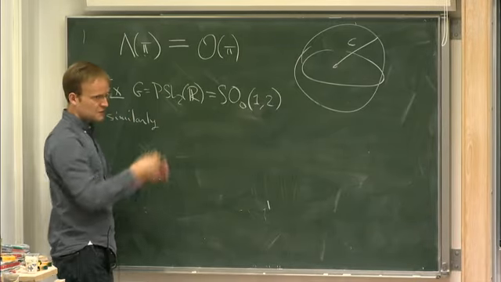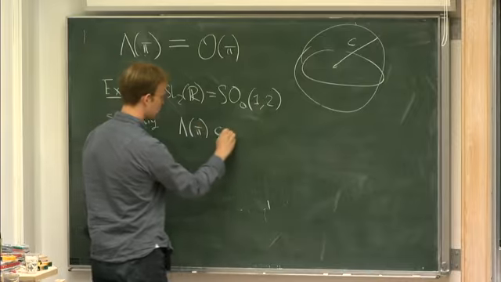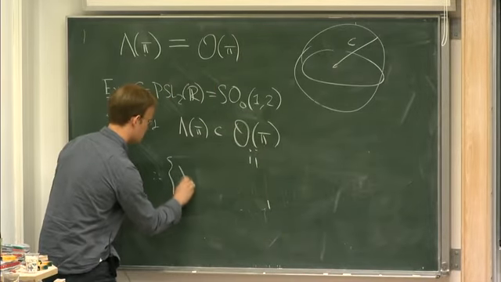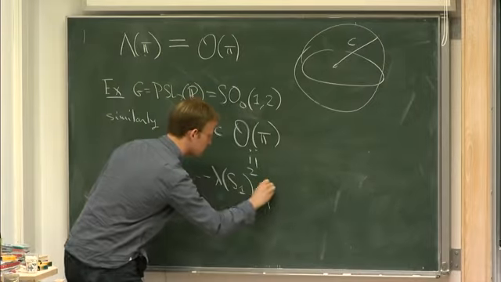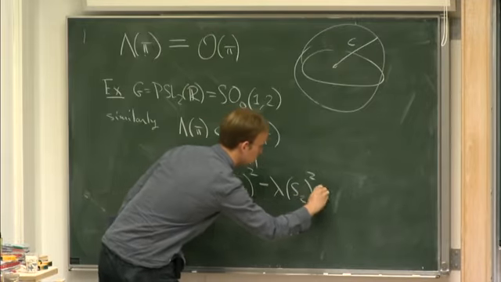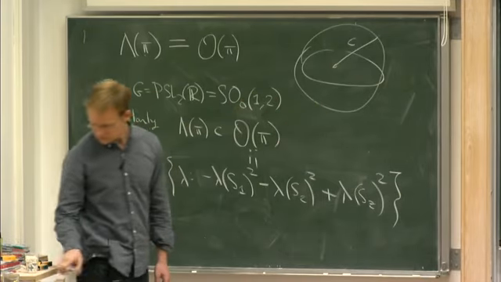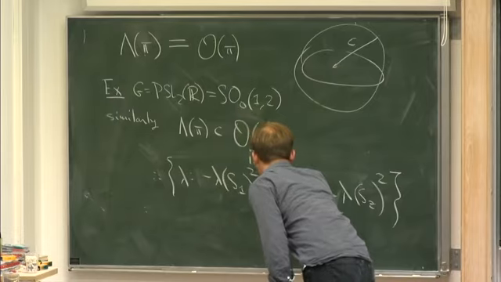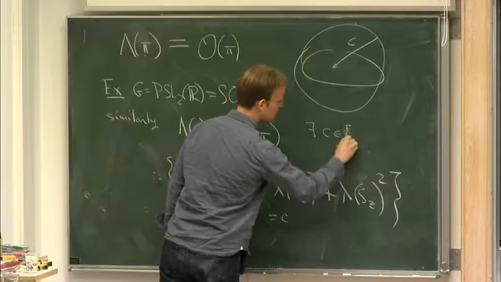So a similar computation using the Casimir eigenvalue shows that Λ(π) is at least contained in some set O(π), which will be the set of λ that satisfies some degree 2, or signature (2,1) equation, equals C. So there exists some C in maybe the extended reals.